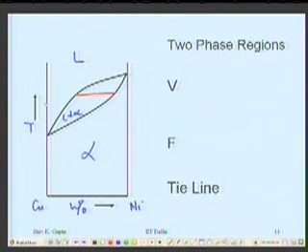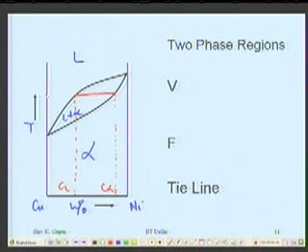So the equilibrium is seen by the tie line. This is the liquidus and I have drawn the line down to the composition axis. That gives me the composition of the liquid phase. This is the solidus. I draw the line parallel to the temperature axis on the composition axis. This gives me the composition of the alpha phase.